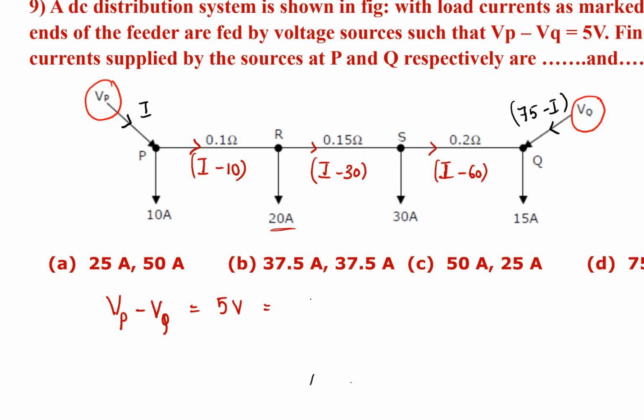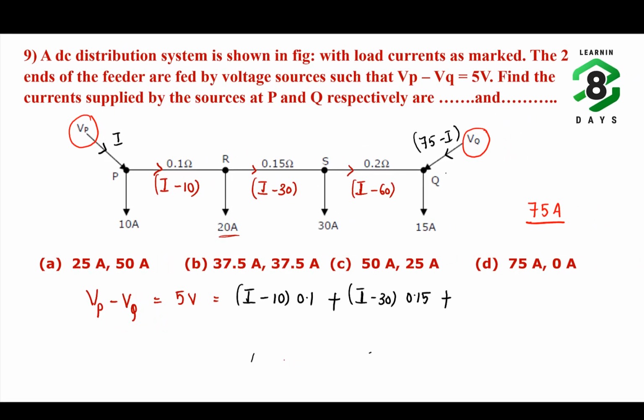I minus 10 into, what is the resistance? 0.1 plus, what is the current flowing through the branch RS? I minus 30 into 0.15, and what is the current flowing through the branch connected between points S and Q? That is I minus 60 into 0.2.